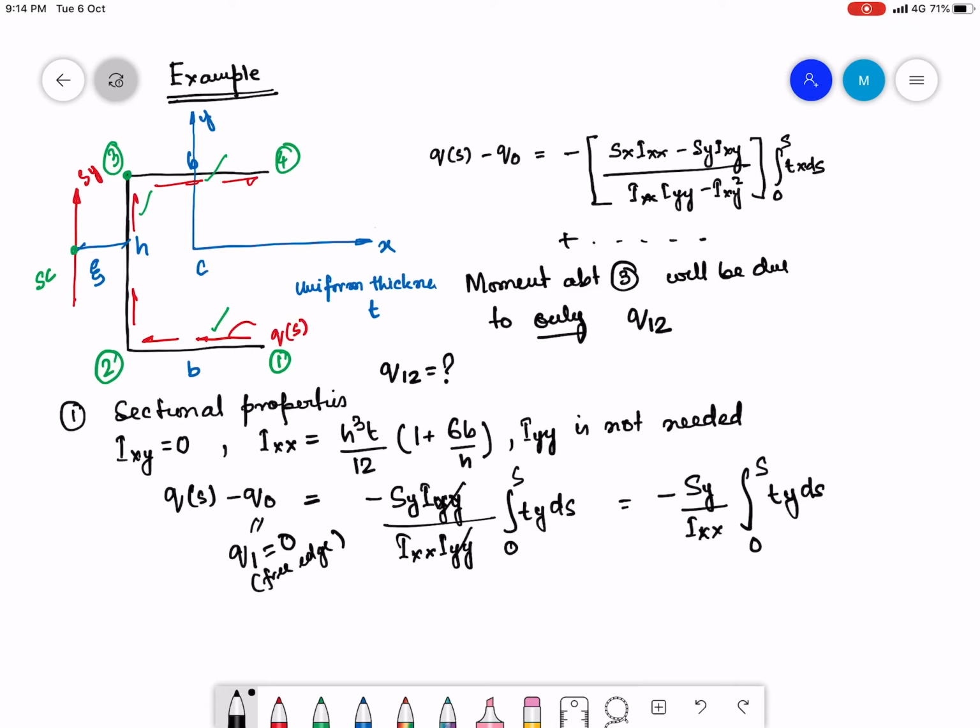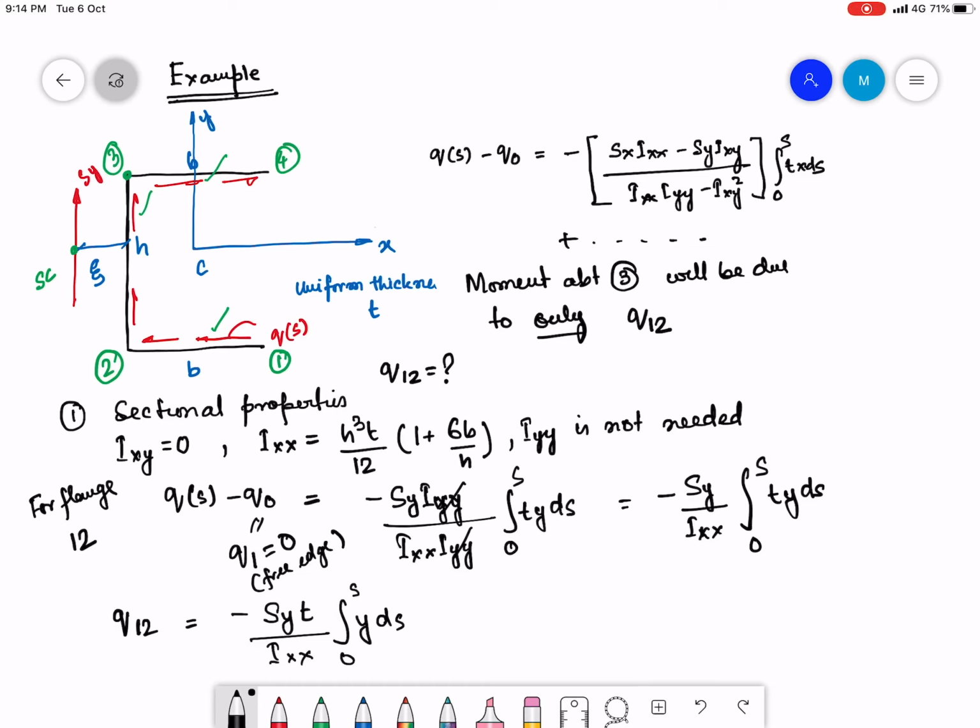Therefore, this is going to be for flange 1 2, or portion 1 2, so Q12 is going to be minus Sy into t, T is not a function of x, so I can take that out, over Ixx into the integral of y ds from 0 to s.